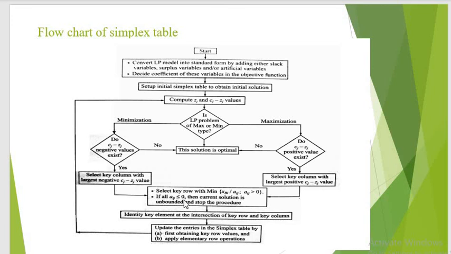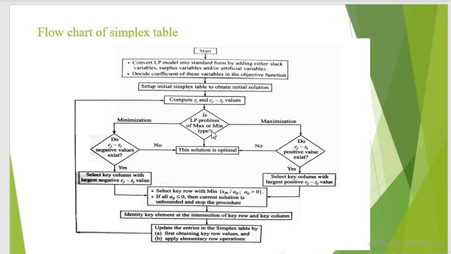If all Aij are less than or equal to 0, then the current solution is unbounded and we stop the procedure. Otherwise, we move on to the next step. Identify the key element at the intersection of key row and key column. Then update the entries in the simplex table by first obtaining key row values and applying elementary row operations.